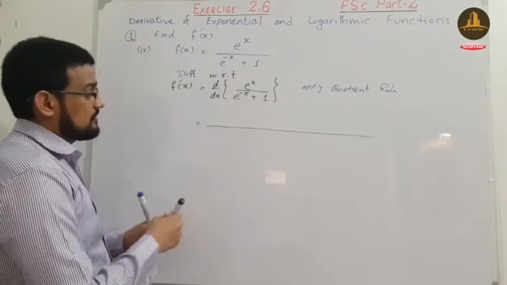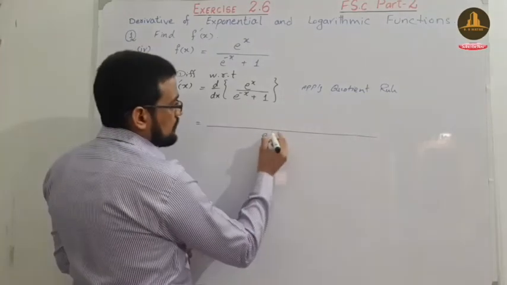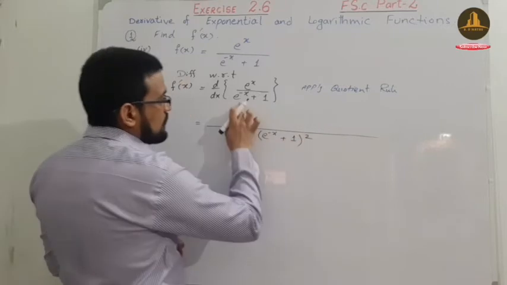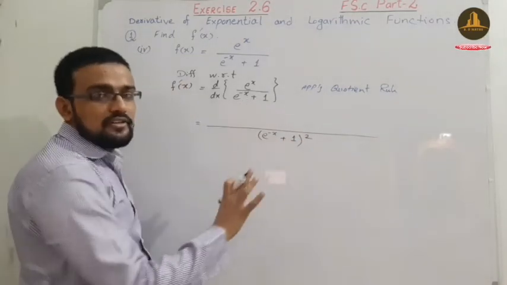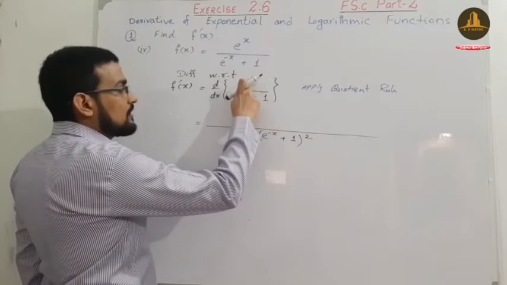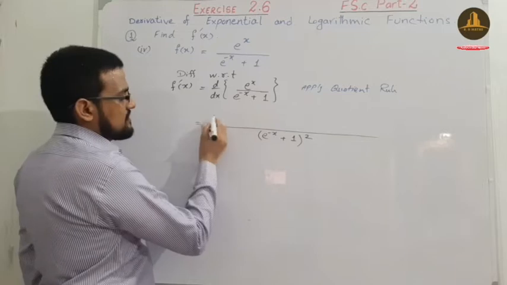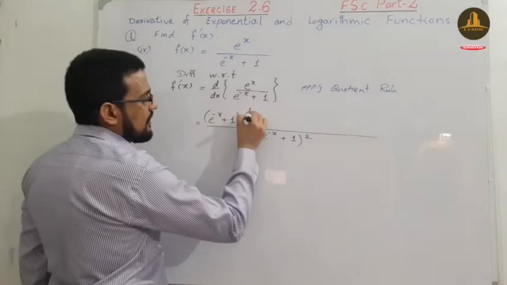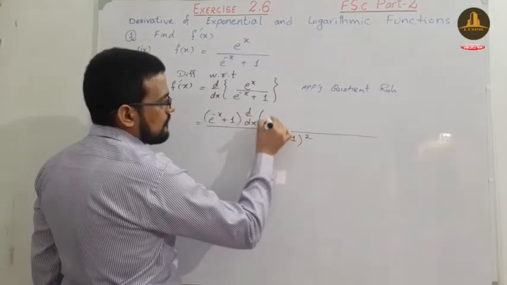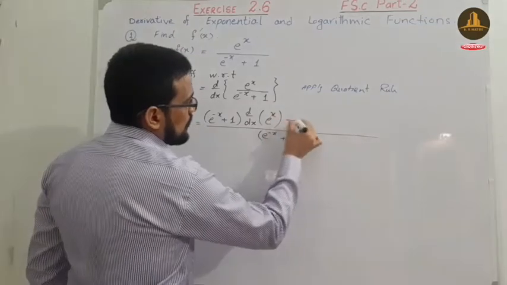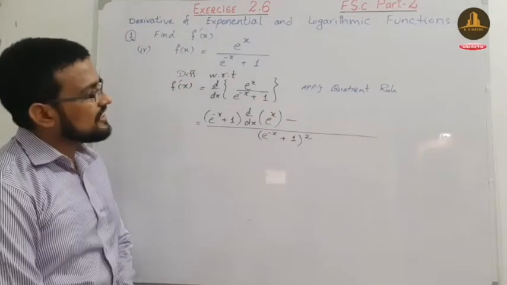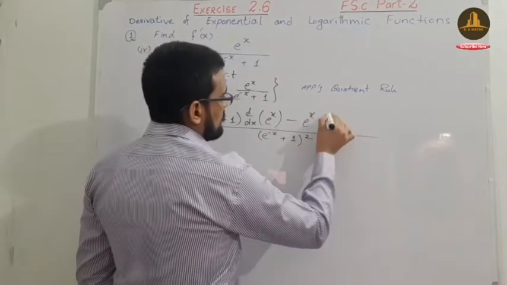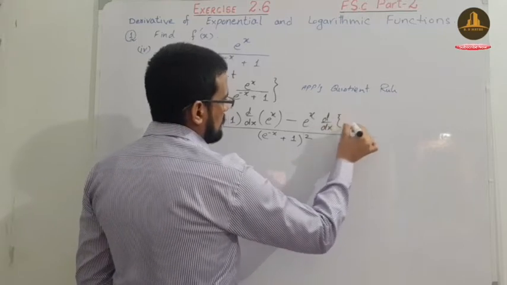Okay, so first of all, use the denominator as it is, and then the derivative of numerator, minus the second term, the numerator as it is, and then the derivative of denominator.